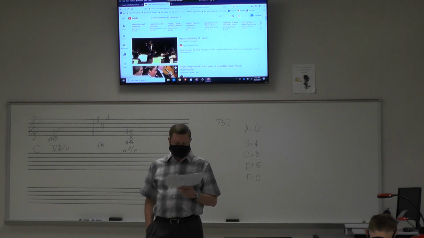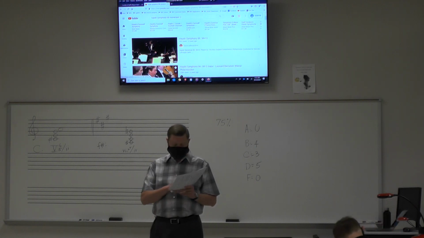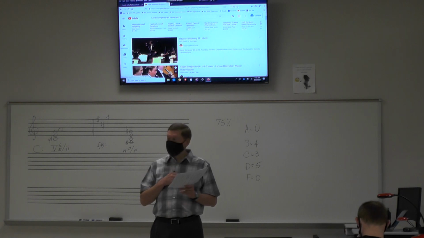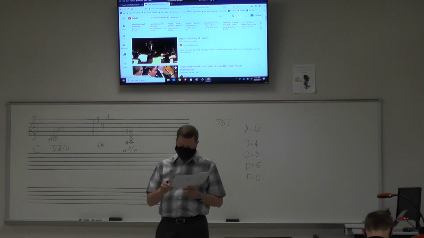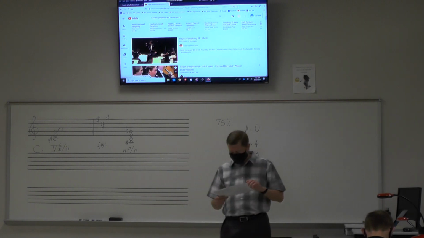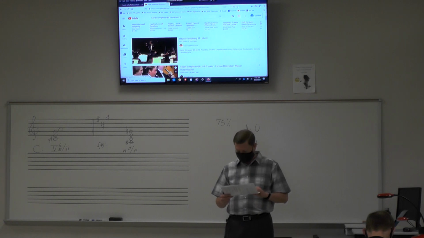Do you see the lowest note in measure 4? Is it A? Do you see how that's a half note, and it lasts for 2 beats? So the first chord is 1, 6, 4, and the second chord is A, C sharp, E with A on the bottom. That's a root position 5. Not a first inversion 5.